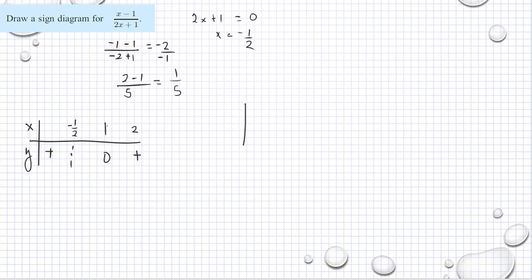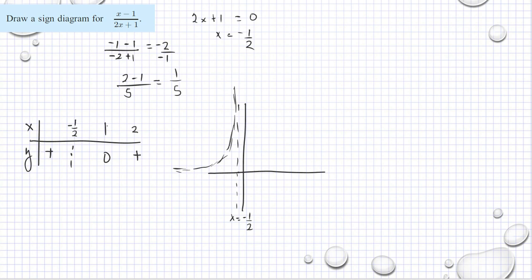So that means here is my 1/2, and I need to have an asymptote there. Oh, sorry, not positive 1/2, negative 1/2, I should say. Negative 1/2. X is equal to negative 1/2. So my graph should look like that.